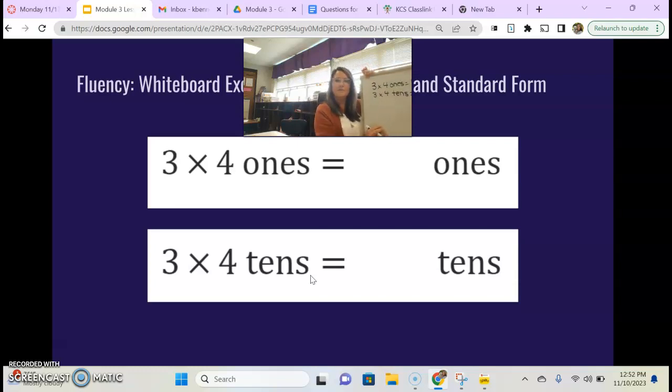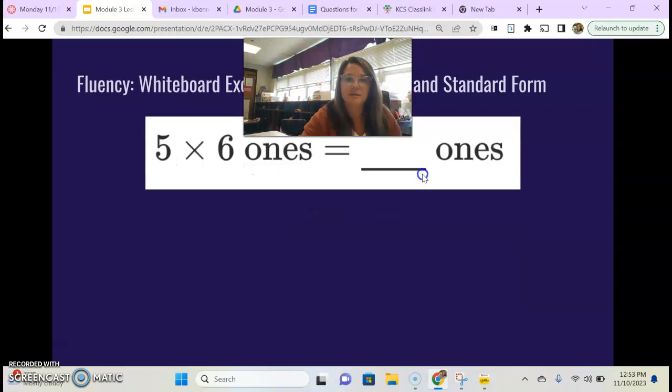Well, it would be 12 tens, but what would be the value of 12 tens? 120. So 3 times 40 would equal 120. Very similar to what we did on Friday with division, we are now doing with multiplication. So let's go a little bit deeper here.